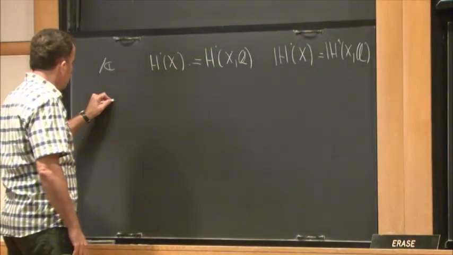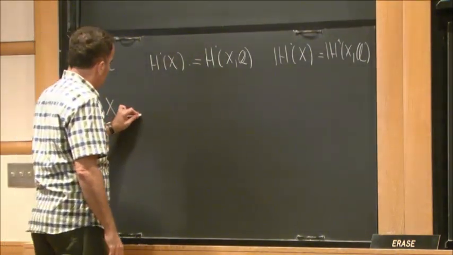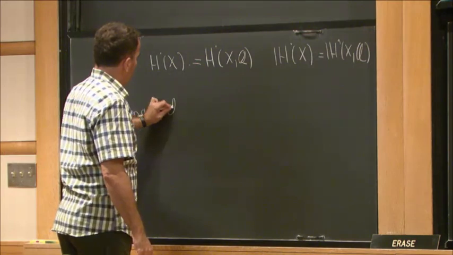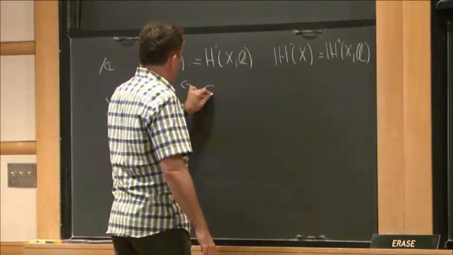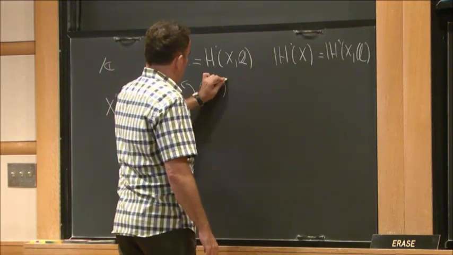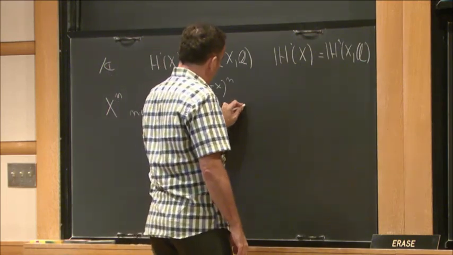So a toric variety is a normal variety of some dimension n, with an action of a torus of the same dimension with a dense orbit.